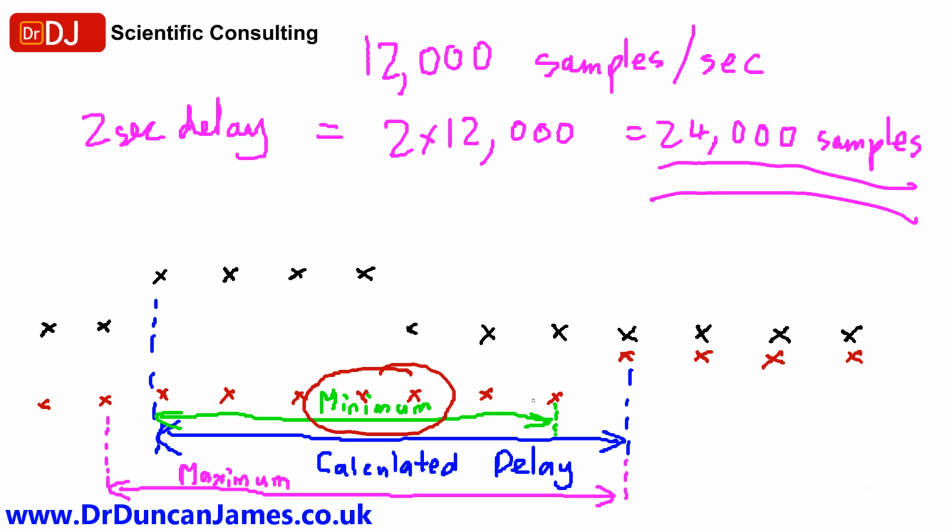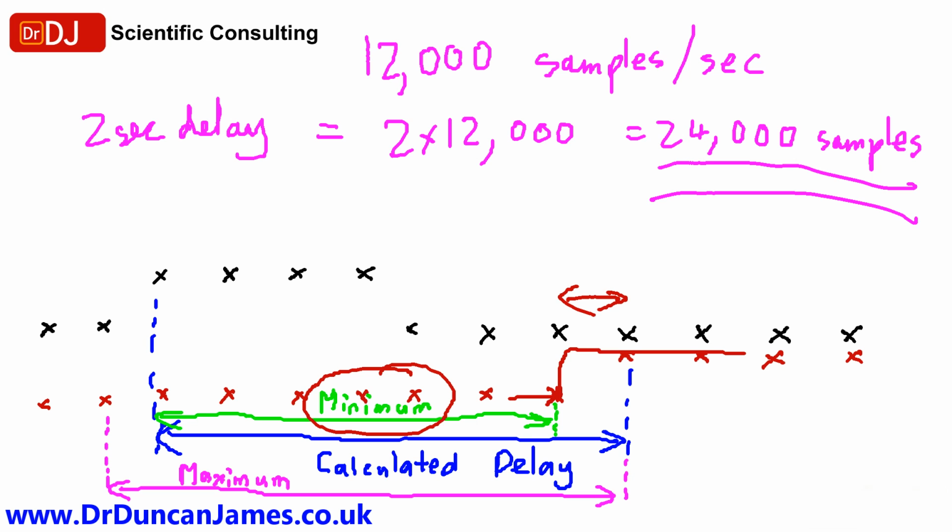Well, maybe the second pulse happened here, so I've just drawn it on the graph over here. Maybe it didn't appear exactly where we thought, but it appeared just after the previous measurement, so we just missed it. Well, in that case, that's how we get our minimum value, so it might be 1 sample length less.